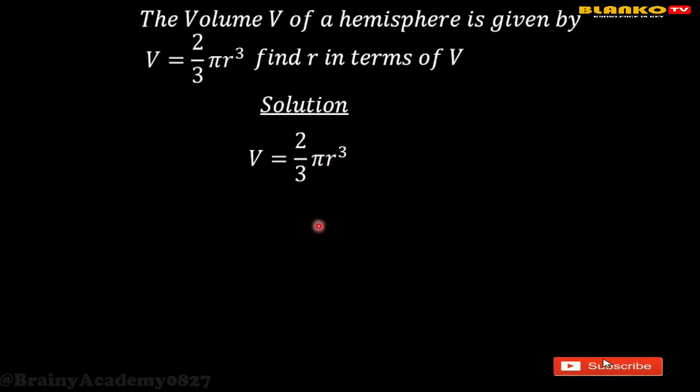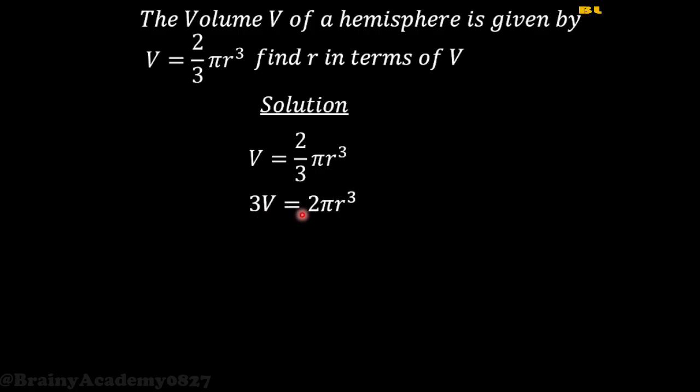Alright, so let's multiply both sides by 3. This is going to be 3V equals 2 pi r cubed. Now let's divide both sides by 2 pi. So we have 3V over 2 pi equals r cubed.